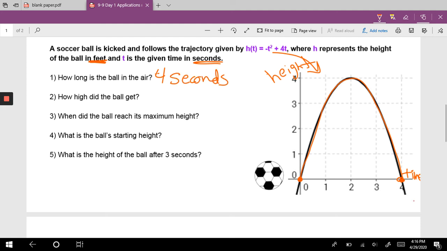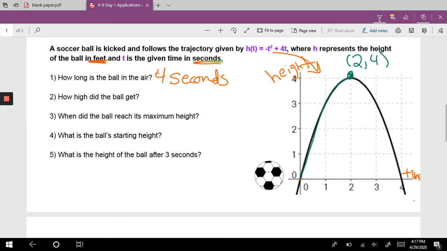Okay, next piece. How high did the ball get? So think about in context of the graph, what part of the parabola would that be? Well, again, you kick the ball, it goes in the air, and we want to know how high does it get? So that's going to be our vertex. And this vertex is at (2, 4).